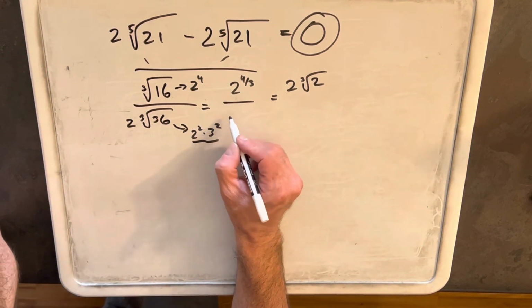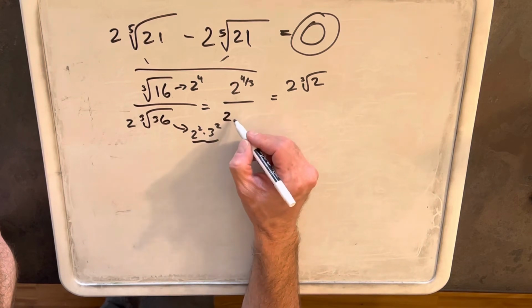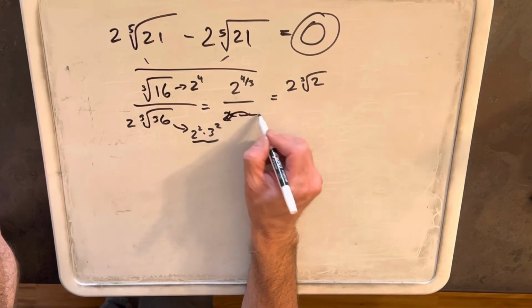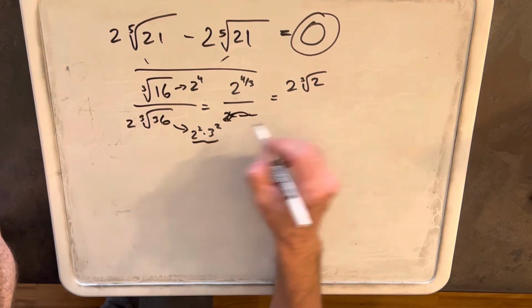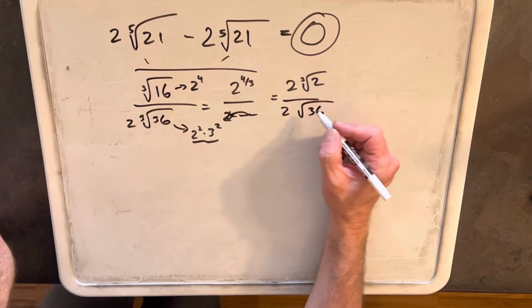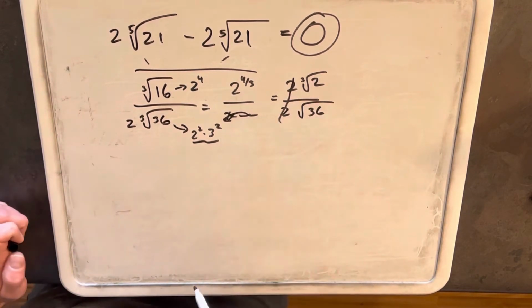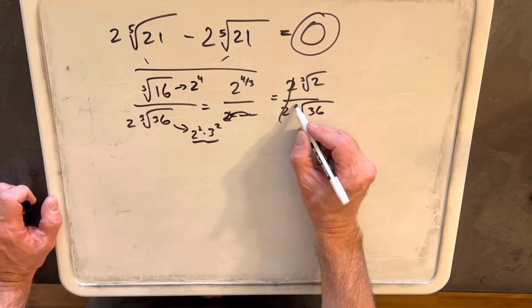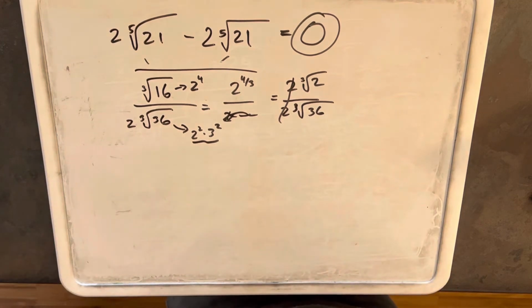But then on the denominator we can't do much. We'll kind of skip it over here. We'll bring this 2 over, and we'll have the cube root of 36. These 2's cancel, so it seems like we kind of got somewhere.